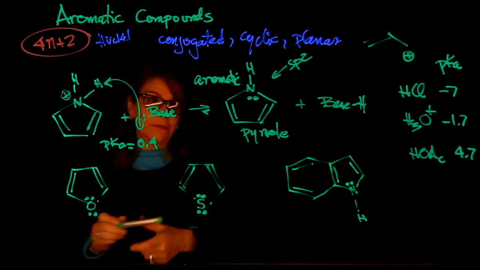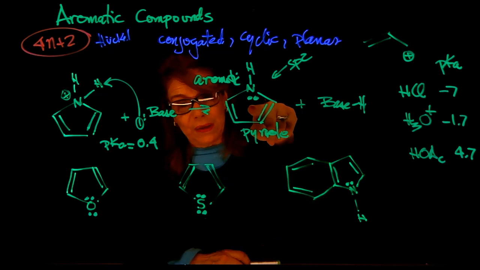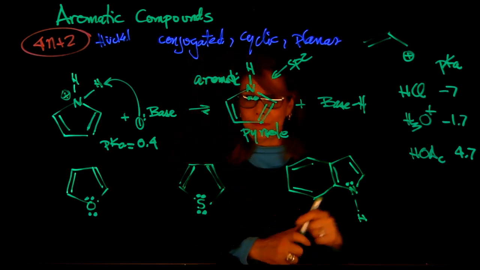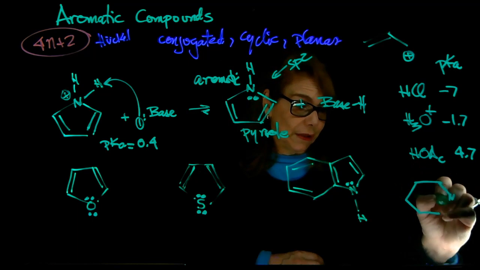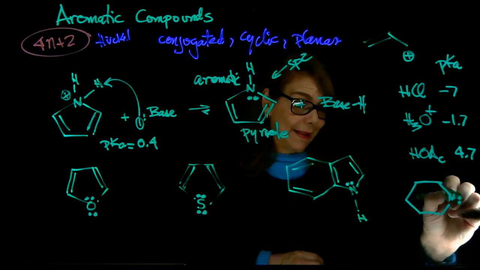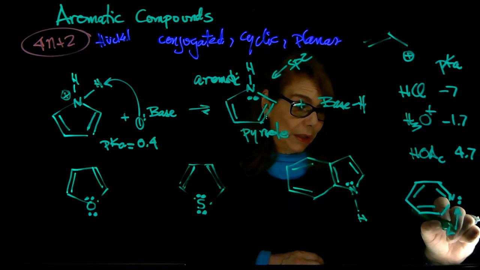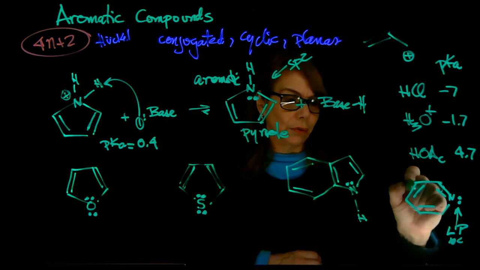As we determined in pyrrole, these electrons you count because they are in a p orbital. So you count 2, 4, 6. In the case of pyridine, it is in another video. We have determined that the lone pair is localized, so you don't count those. You count 2, 4, 6.